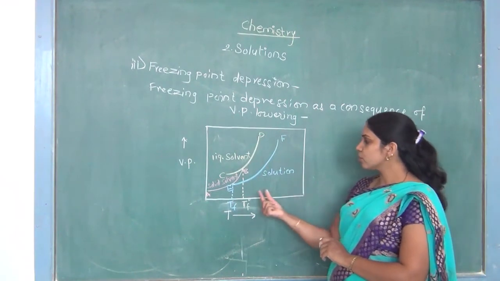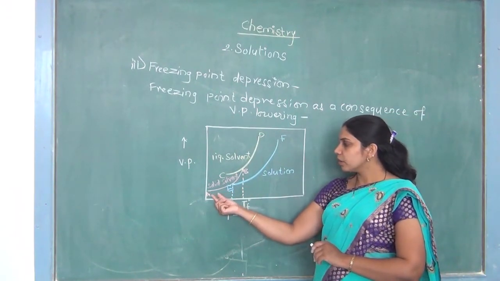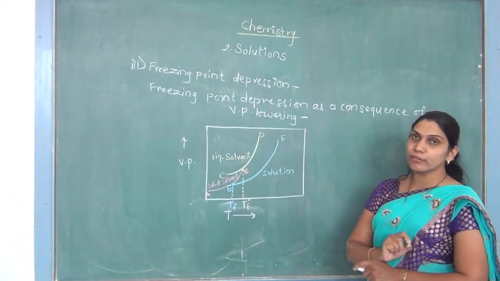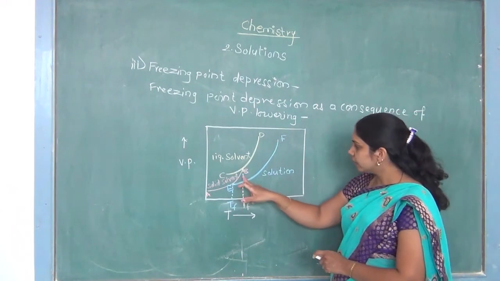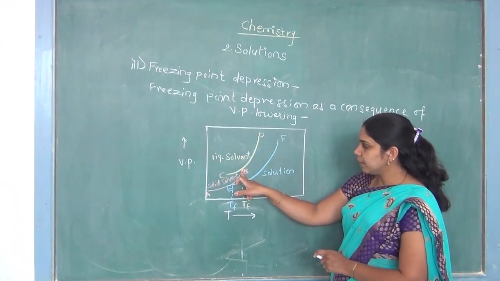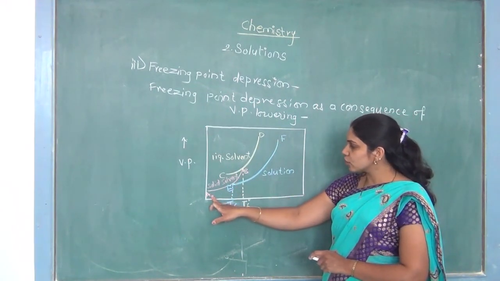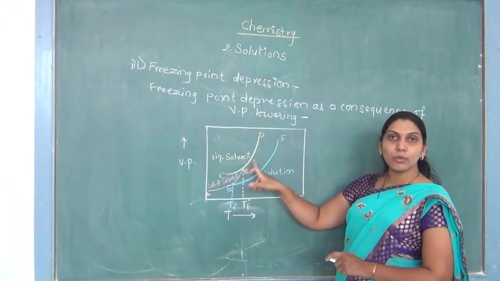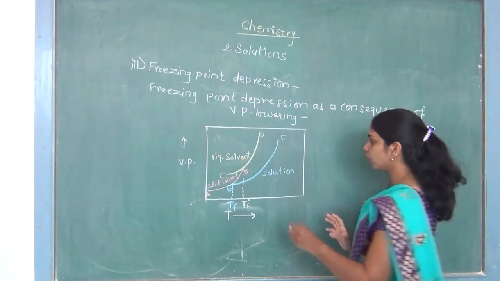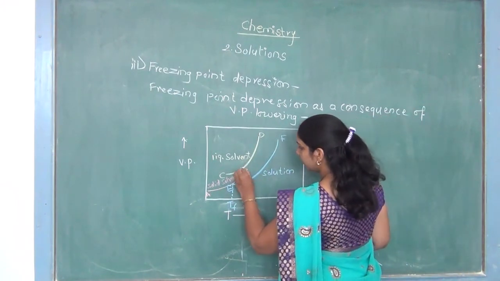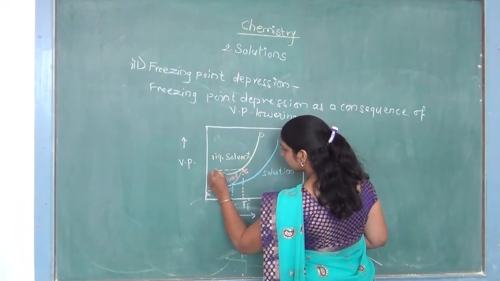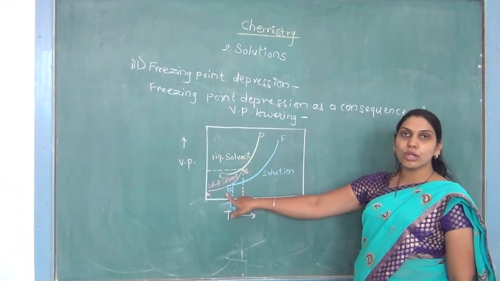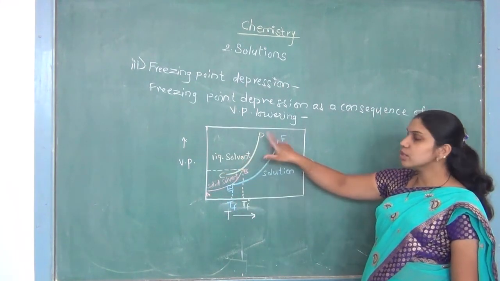So first we will compare the curves AB and CD, and if you observe carefully, you will find that at point B, the vapor pressure of the solid and the vapor pressure of the liquid solvent become equal.